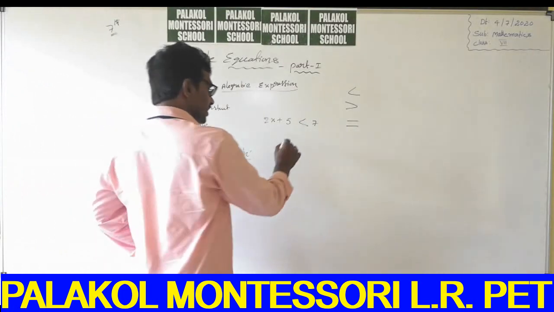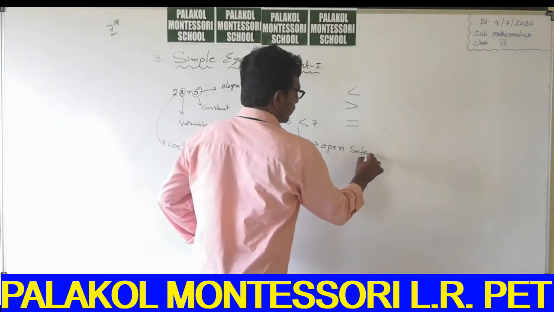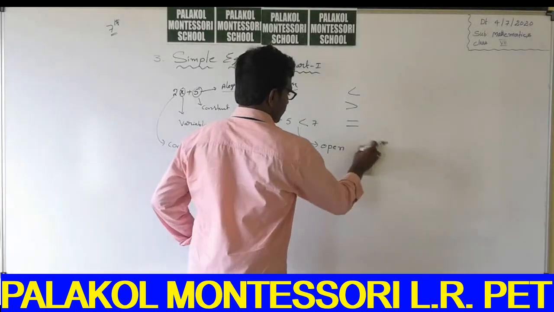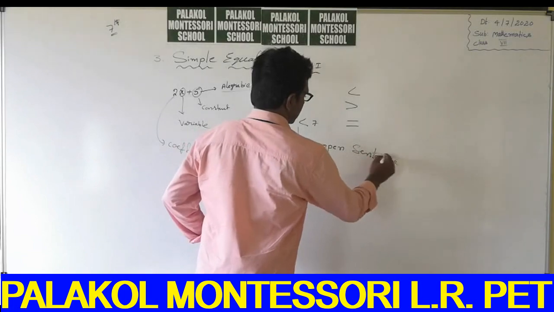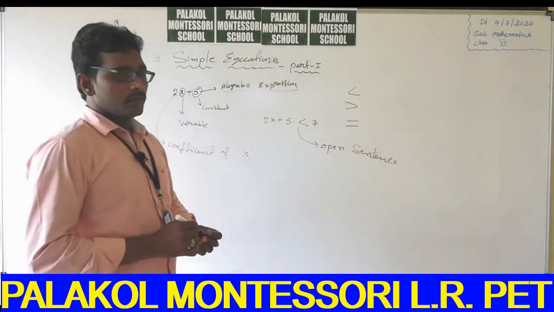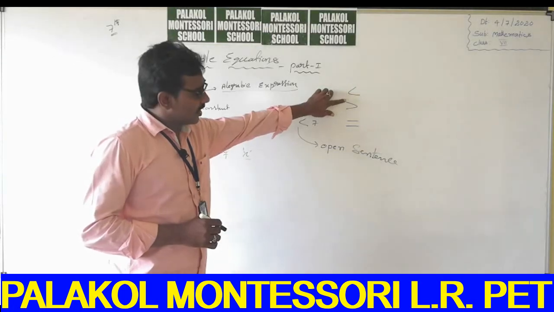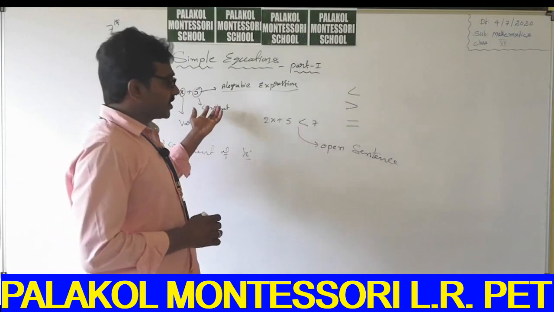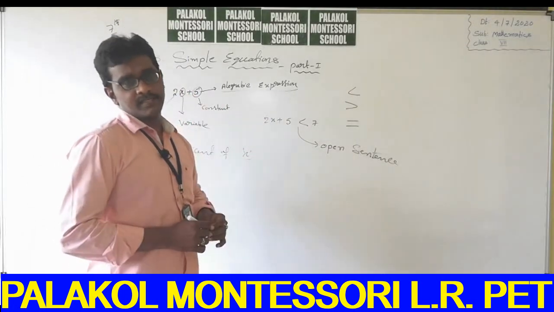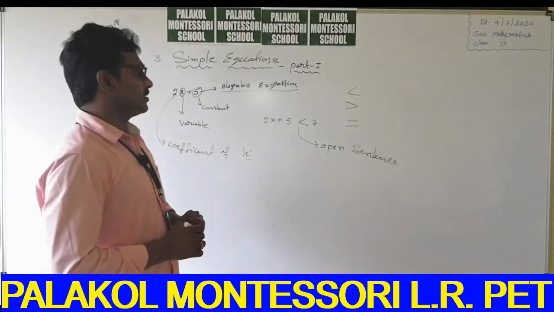This expression changes into an open sentence. When you use the less than or greater than sign, the expression changes into an open sentence. Why is it called an open sentence, guys?